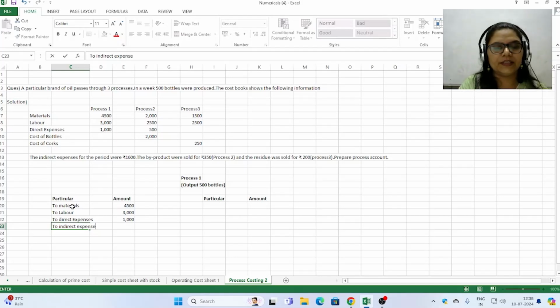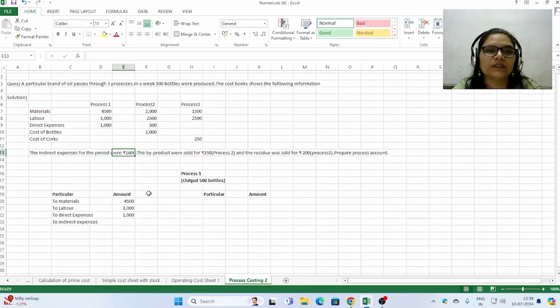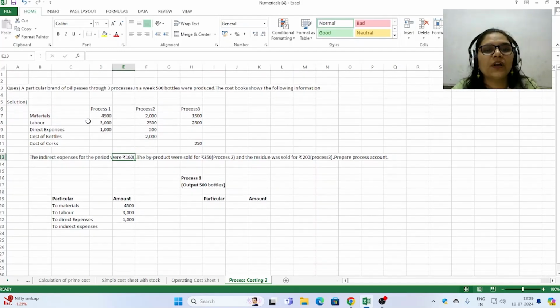To indirect expenses. See, it hasn't been mentioned in the question regarding the indirect expenses. It has been simply mentioned the indirect expenses for the period were 1600. Now, how will we divide this 1600 in three processes? If we do not have any mention of indirect expenses, we usually divide it on the basis of labor.